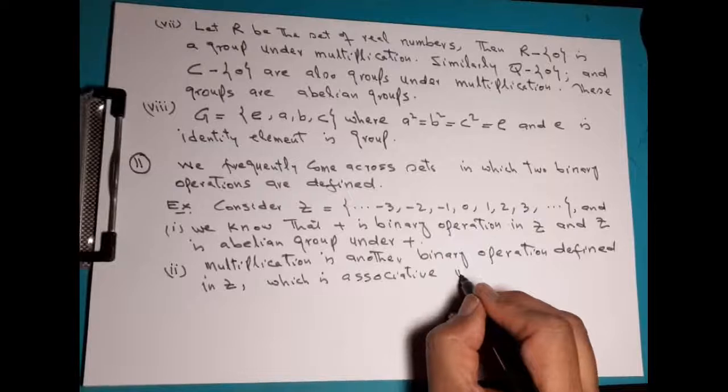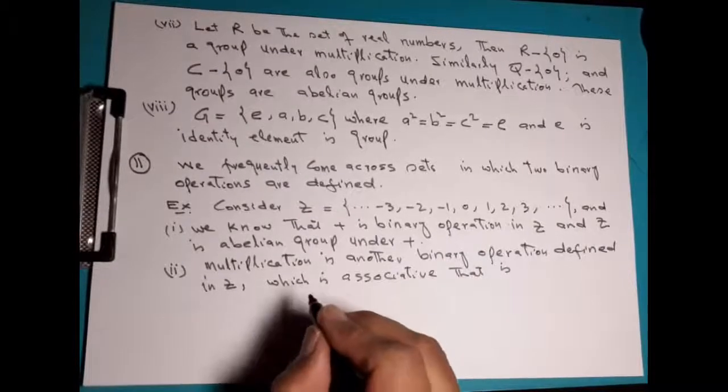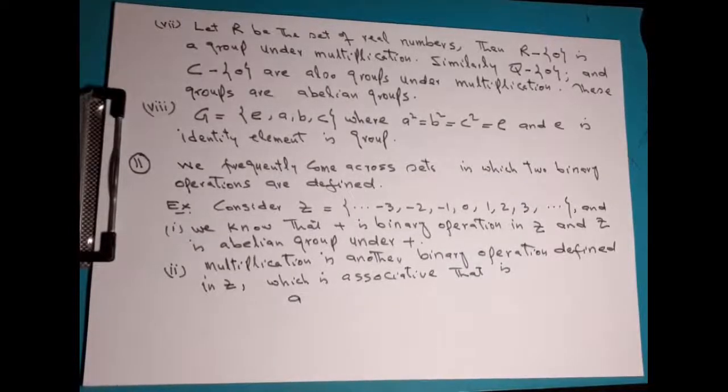When we say associative, this means that, in this case our operation is multiplication, and when we work with multiplication, mostly we don't show the symbol, we use the notation of juxtaposition. We don't write the symbol, but we know that multiplication is there.